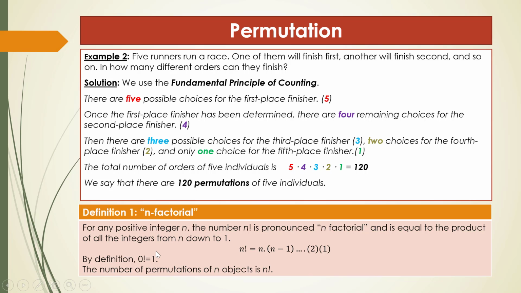For any positive integer n, the number n factorial is equal to the product of all the integers from n down to 1. So n factorial is n times n minus 1 times n minus 2 down to 1. And we assume that 0 factorial is 1. So the number of permutations of n objects is n factorial.